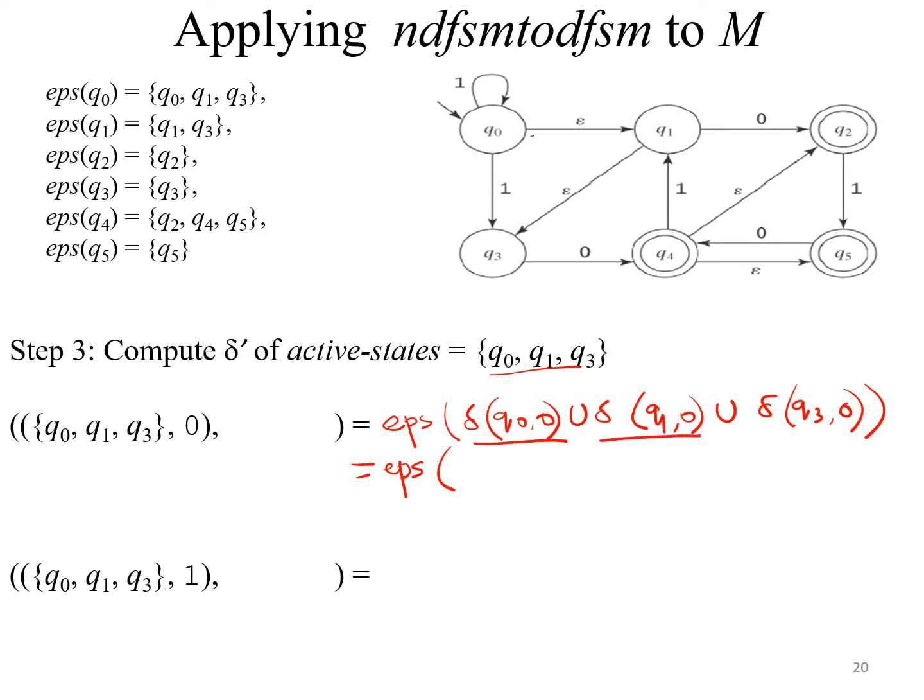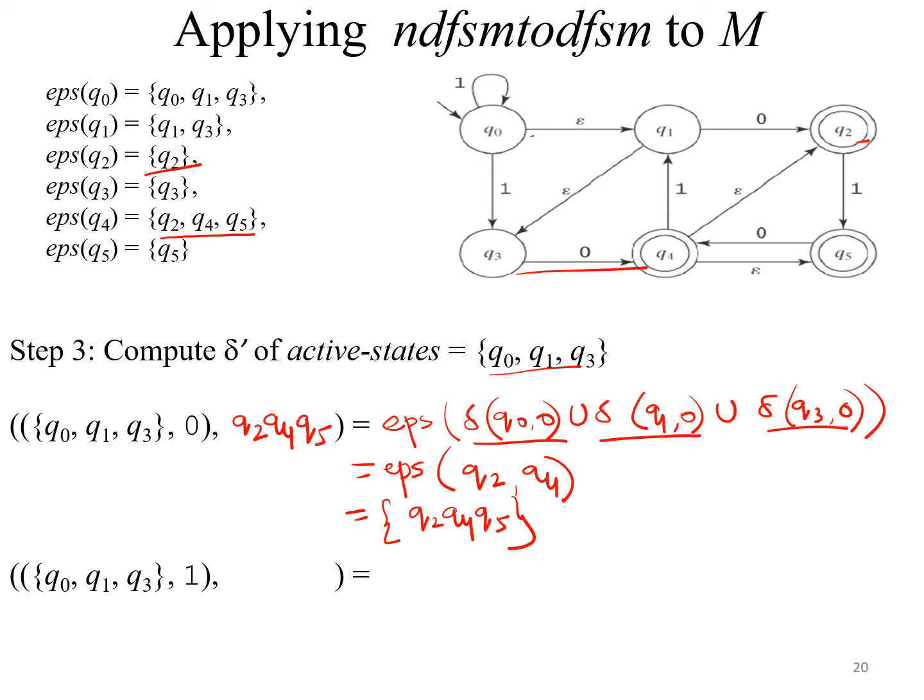Next, Q1, 0 goes to state Q2, and Q3, 0 goes to state Q4. So EPS of Q2 is Q2, and EPS of Q4 is Q2, Q4, Q5. The union of these two is Q2, Q4, Q5. So Q0, Q1, Q3 on 0 goes to state Q2, Q4, Q5.